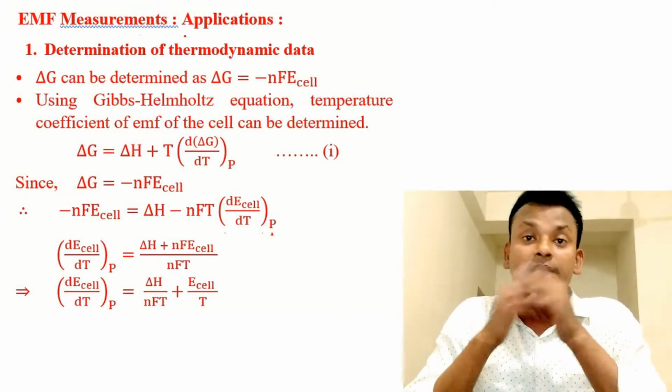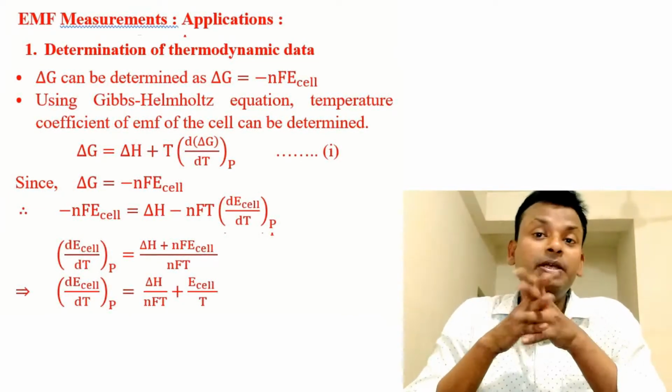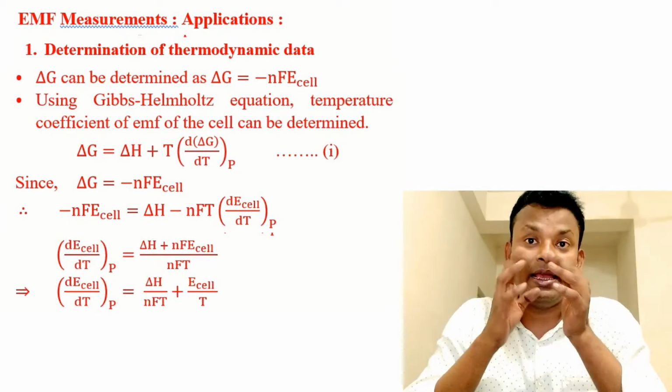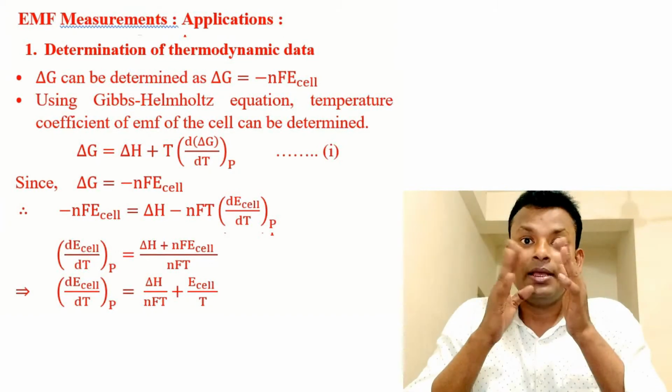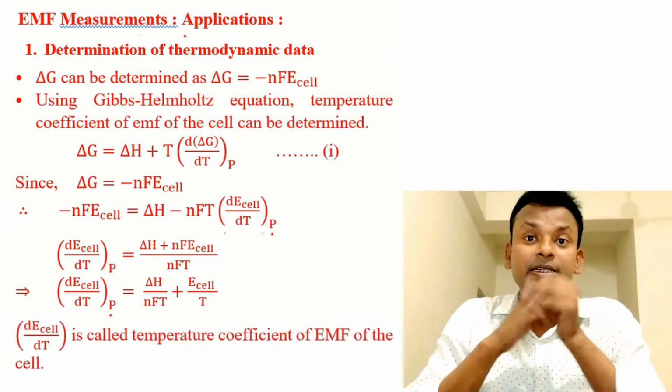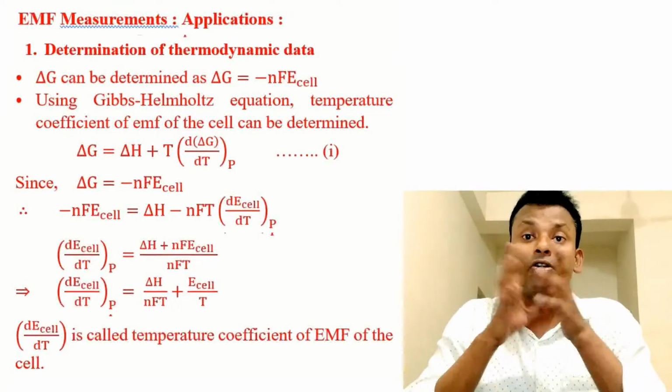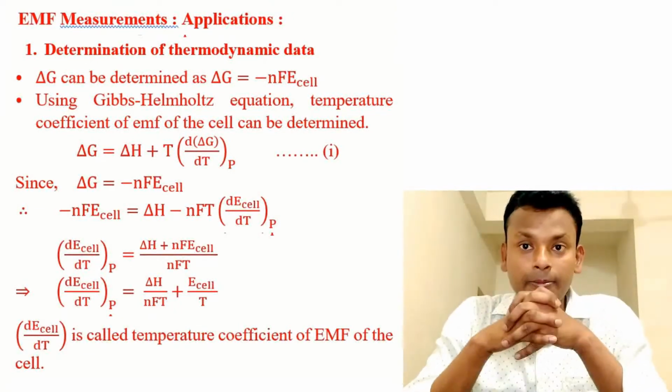Next, dE cell/dT at constant P equals del H by nFT plus E cell by T. dE cell/dT is called the temperature coefficient of EMF of the cell.